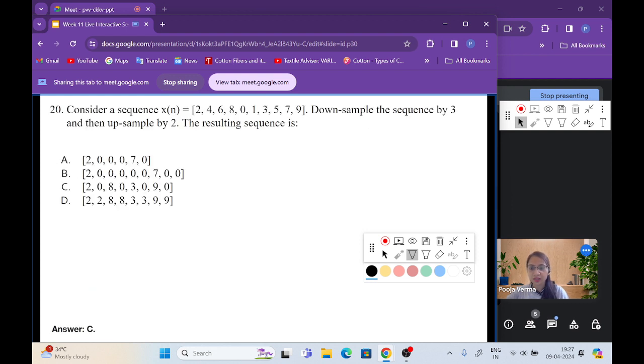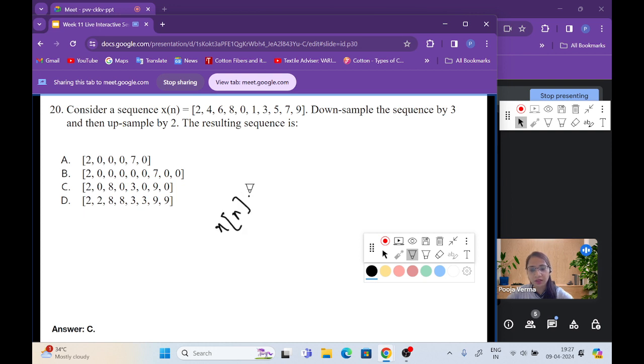Consider a sequence x of n given as 2, 4, 6, 8, 0, 1, 3, 5, 7, 9. Downsample the sequence by 3 and then upsample by 2. The resulting sequence is? So let's see how we can do that.